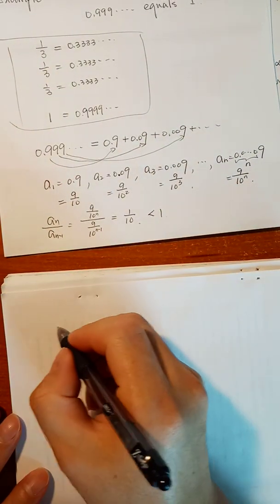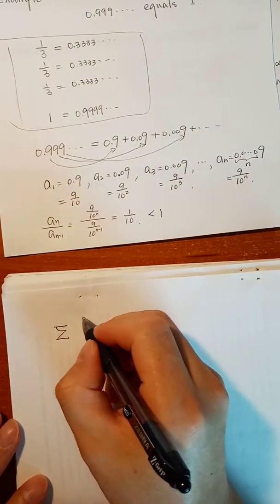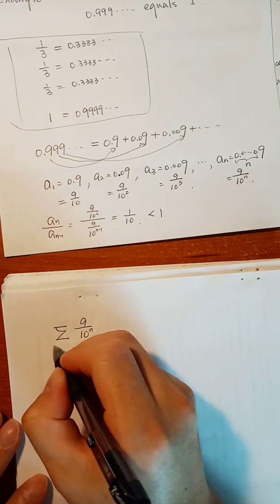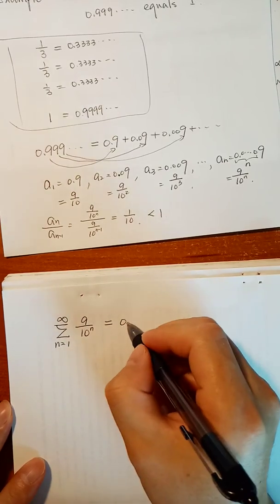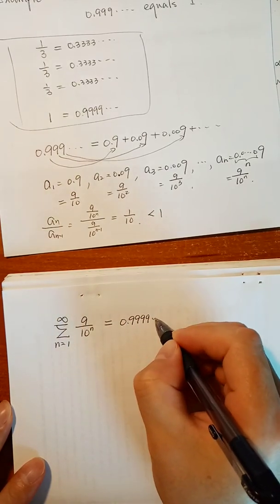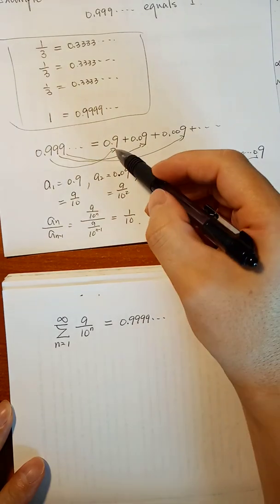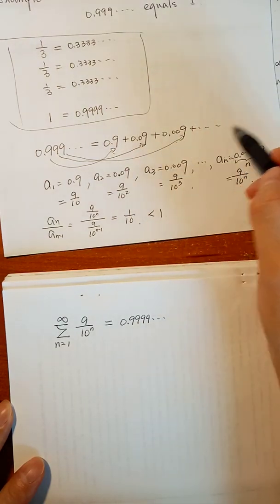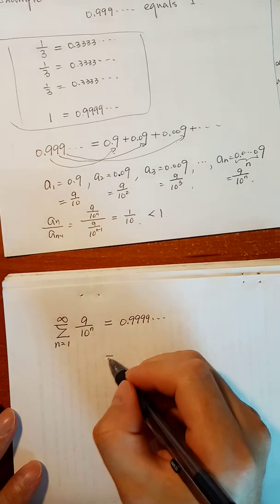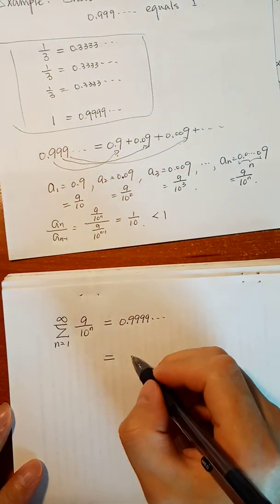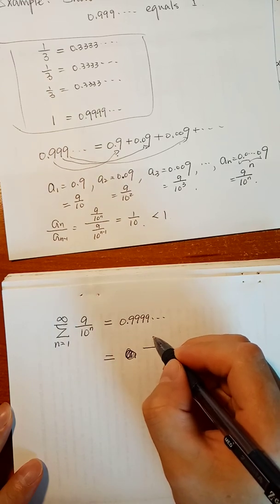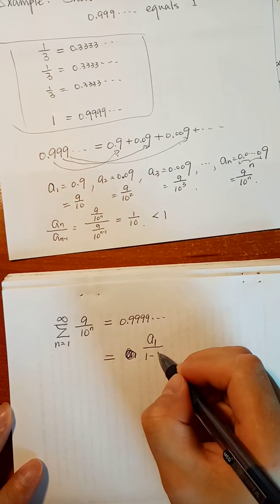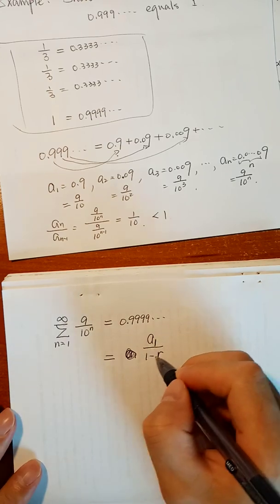What is the value? Right? This one. That's a1, a2, a3, a4. You add them together. It is equal to the initial term over 1 minus r.